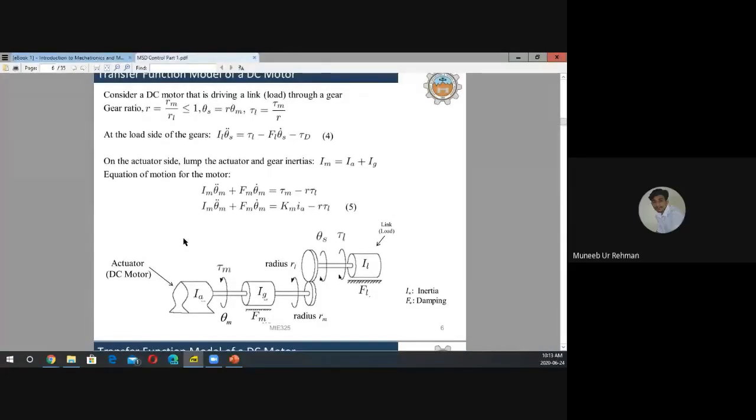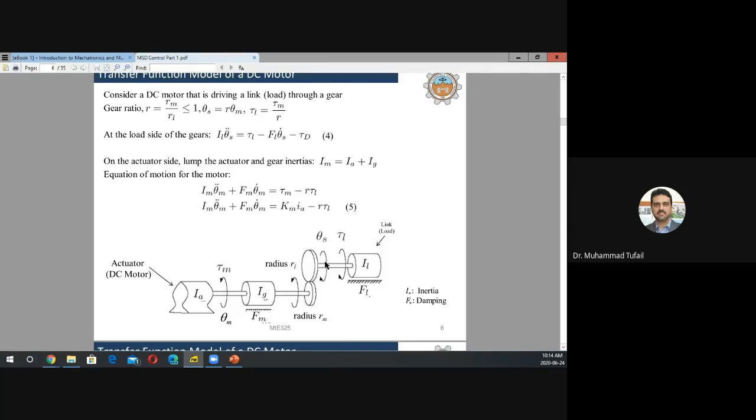If you look at these equations, let's say the gear ratio is small r. It's the radius Rm of the smaller gear divided by the radius of the larger gear, Rl. We know that Rm is smaller than Rl, so this gear ratio is always less than 1, or it might be equal to 1 if both radii are the same.